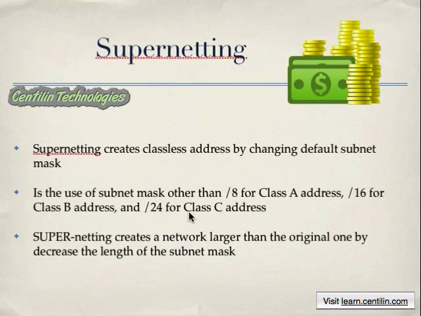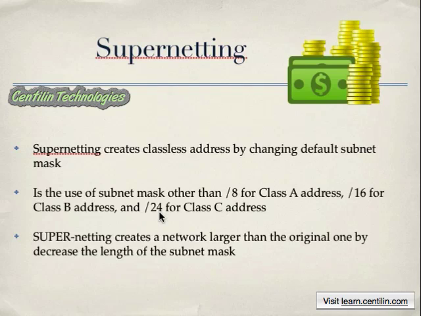For example, if we have a Class C address, let's say 192.168.0.0/24, we can generate more host addresses for this network by making this value smaller, for example to 16. If we reduce that to 16, we would have 65,000 IP addresses, and that's like 64,000 more than we currently have.